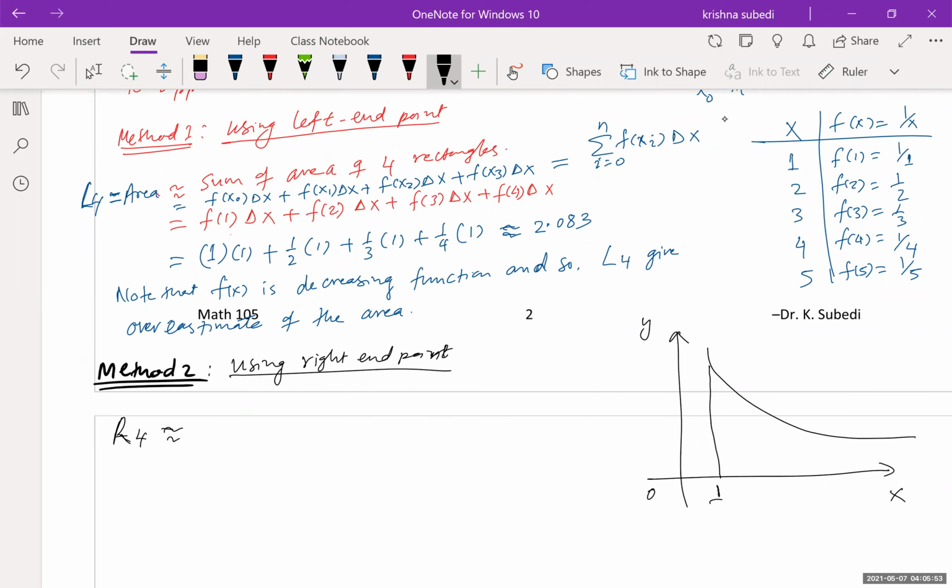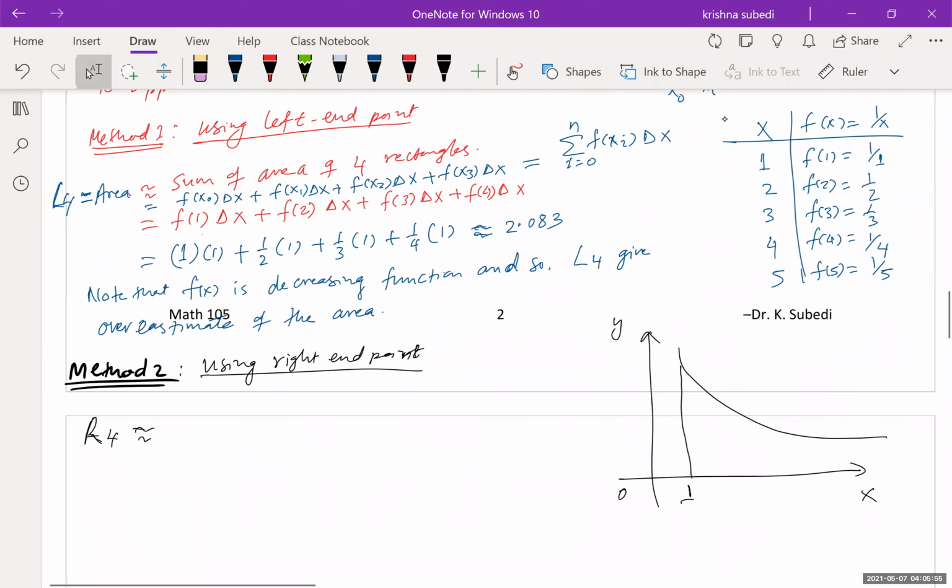This is your 1. And this is 5. 2, 3, 4, 5. So we want to find the area right there.